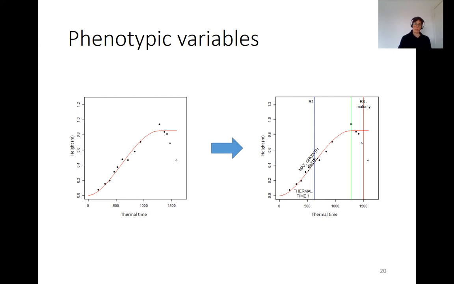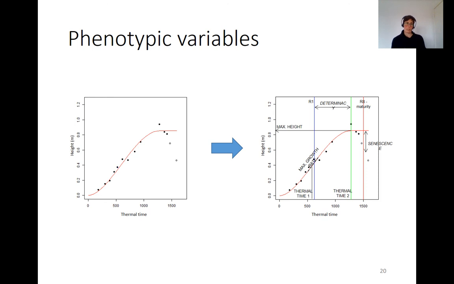because we convert the day of year to thermal time, as temperature is one of the main drivers of crop growth. We can also derive the maximum height, and when this maximum height is reached, also in thermal time. We can also derive parameters such as the determinacy, how long the crop grows, and when we take into consideration the last flights done in the season, we can calculate the senescence rate, so how fast the leaves turn yellow and fall.